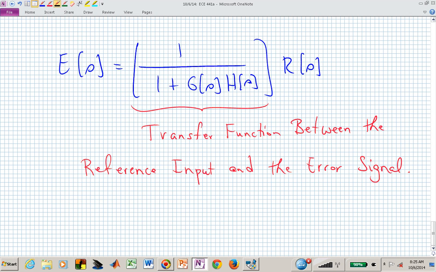And we may be interested in this transfer function in contrast to, do you remember what the transfer function is between the reference signal R and the output Y?